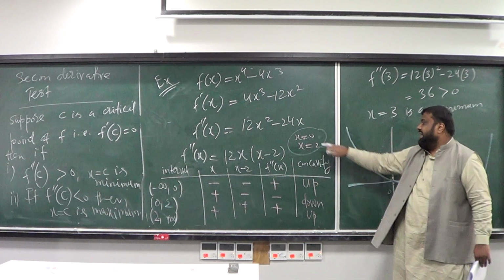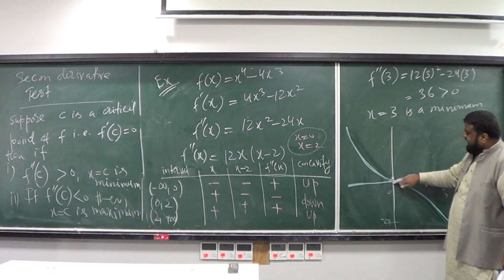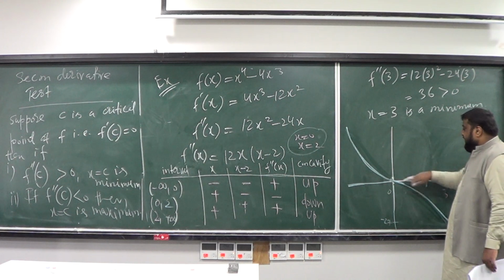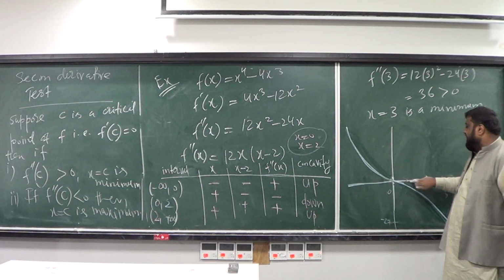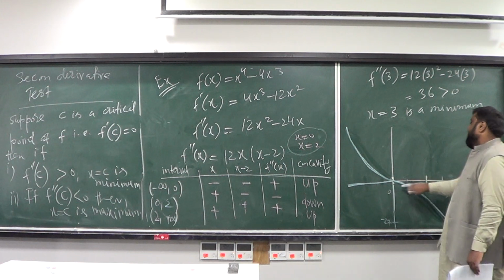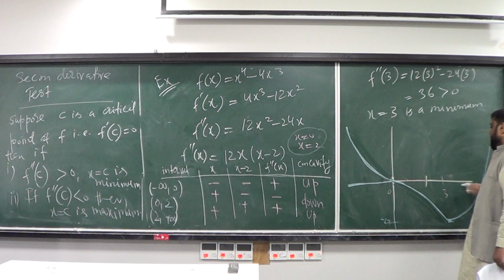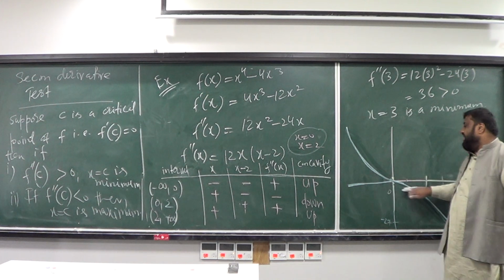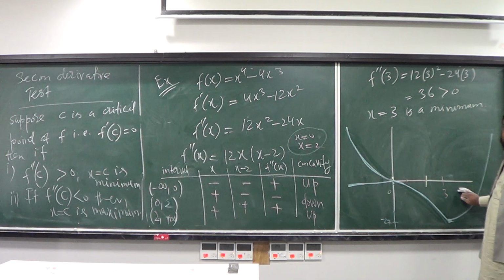For example, I put a line at x equal to 0 and a line at x equal to 2. So when I put these lines, I got 3 intervals: one less than 0, another between 0 and 3, and another from 3 to infinity. And then in each interval try to find the concavity of the curve.